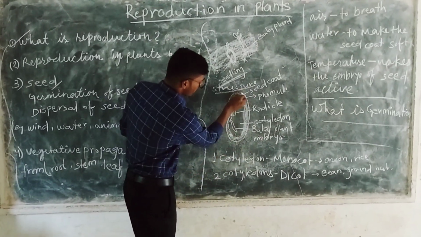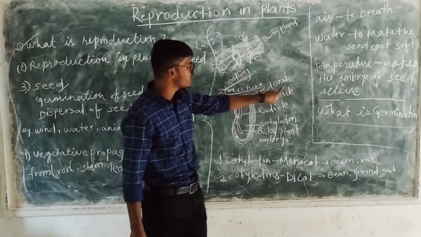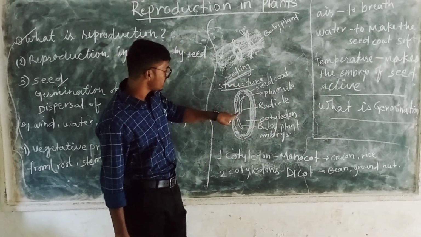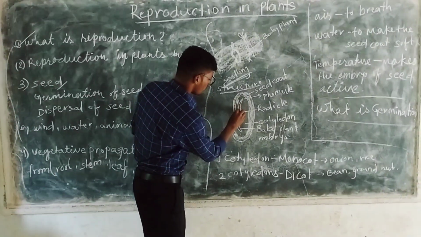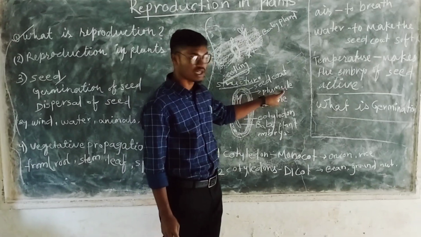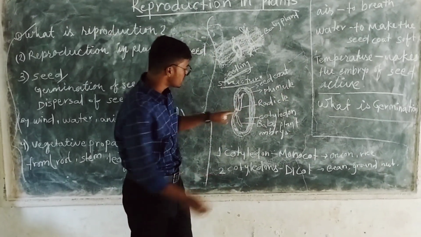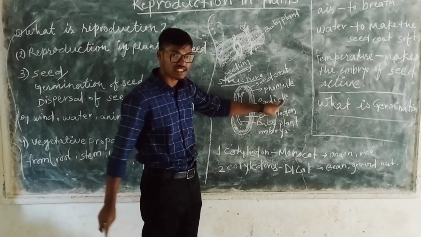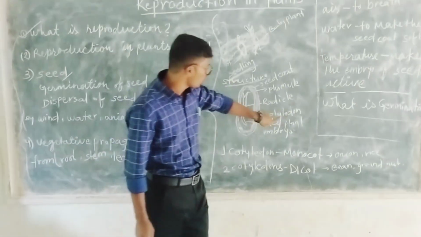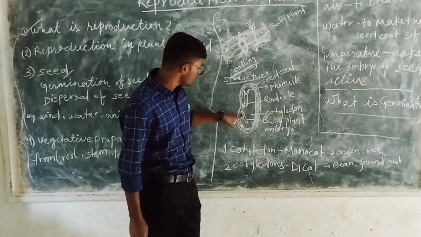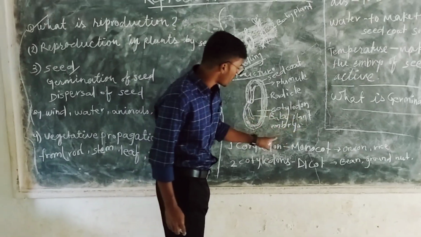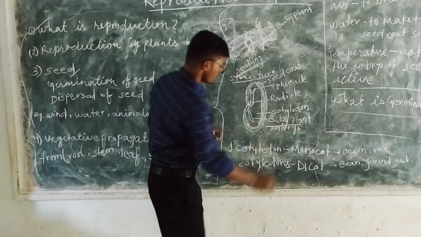Here this part is called seed coat, and inside here we have one small plant. This part is called radicle, and this empty place is called cotyledon, and this leaf is called baby plant or embryo.